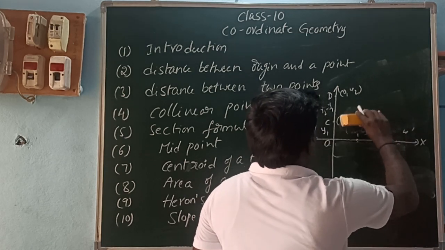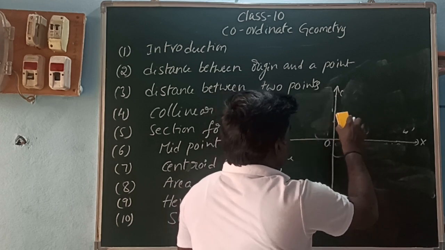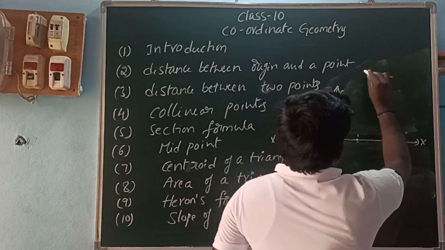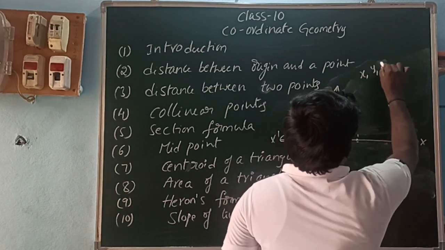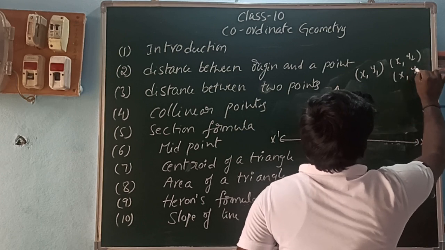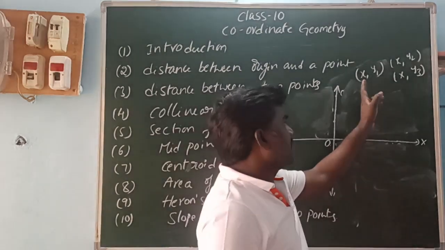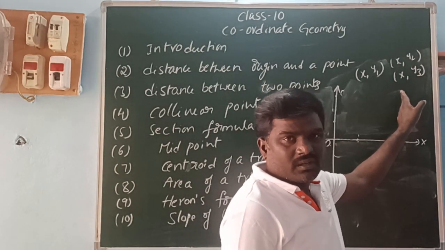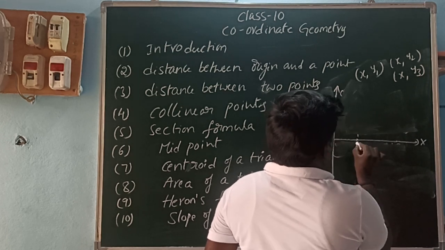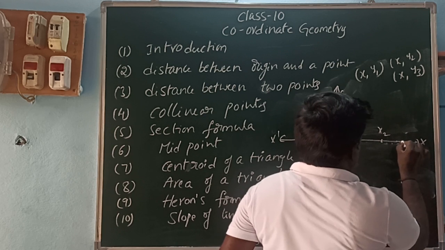Here the x coordinates are same. For example, x1 y1, next x1 y2, next x1 y3. So how many points are there? 3 points. The 3 points having x coordinate same. Represent this one. This is y1, this is x1, x2, x3.